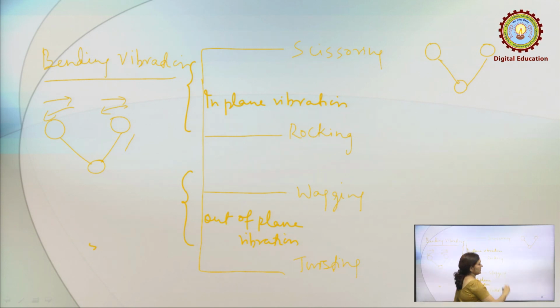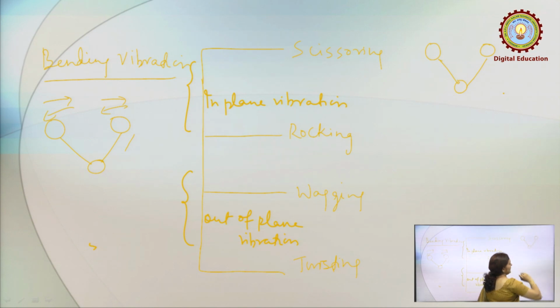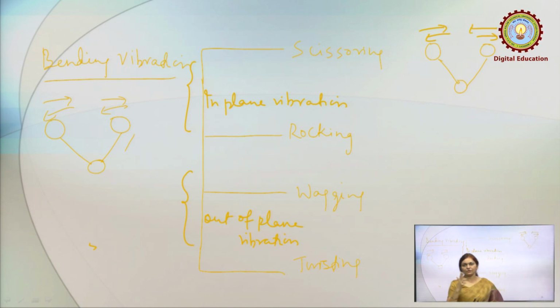Now, first of all, we are going to discuss the scissoring vibration. This is the central atom attached with the two adjacent atoms. In the case of scissoring, the two atoms move in opposite directions, just like a scissor. You know the function of a scissor, both the ends move in opposite directions, and in this case also both the atoms move in opposite directions.